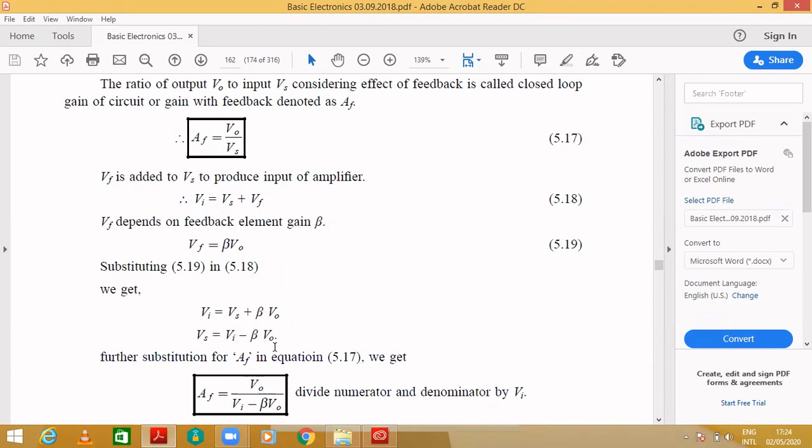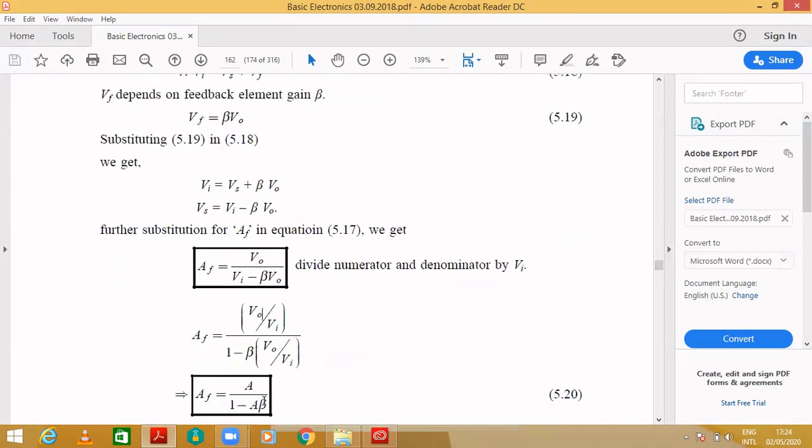Next, further substituting for Af, you got a value for Vs, just substitute in this 5.17 equation. That will be V naught by Vi minus beta V naught. Next, dividing by Vi, V naught by Vi over 1 minus beta V naught by Vi, and you already know V naught by Vi is nothing but A.